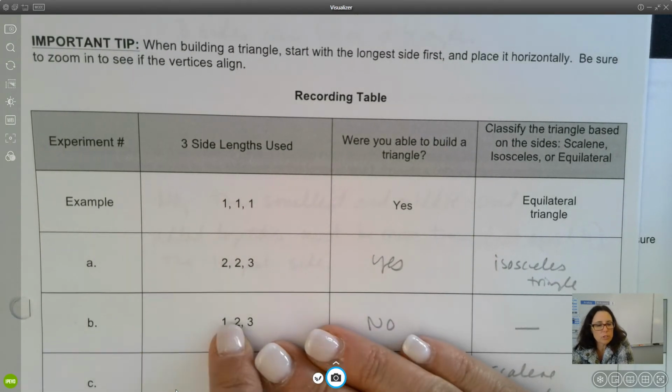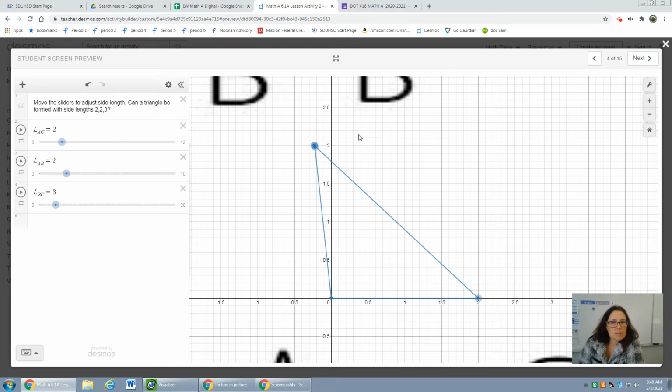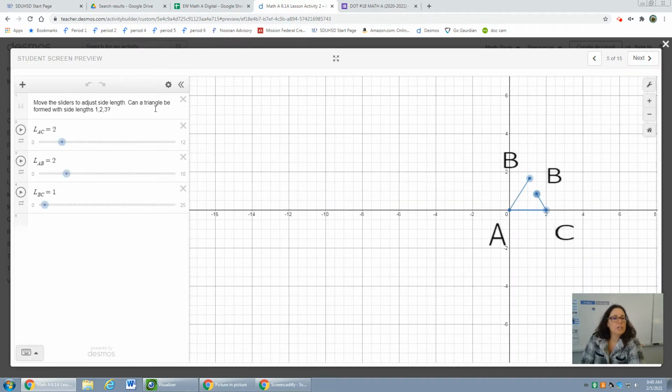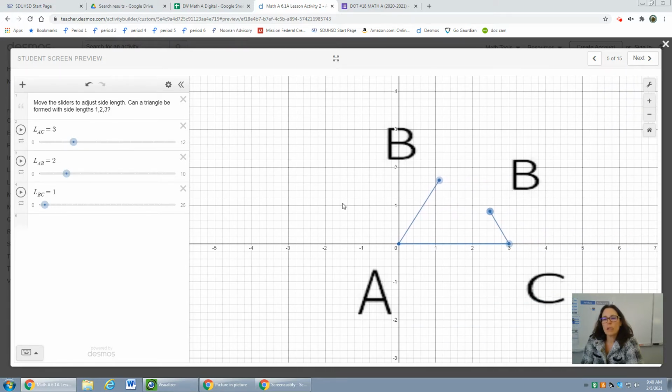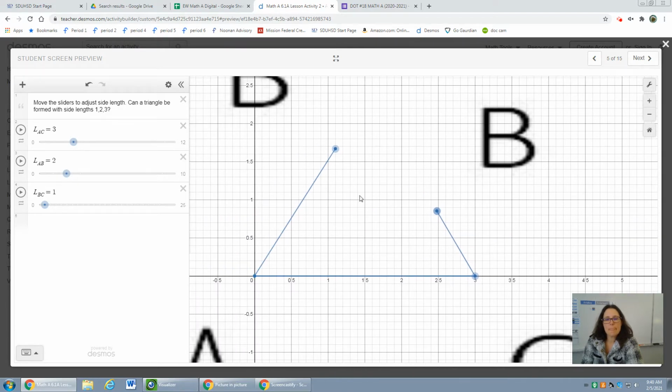Okay, the next one we're going to do is 1, 2, 3. All right, next slide. Can a triangle be formed with side lengths 1, 2, 3? So let's make this one a 3. Let me blow this up. All right, so this is side length 3.